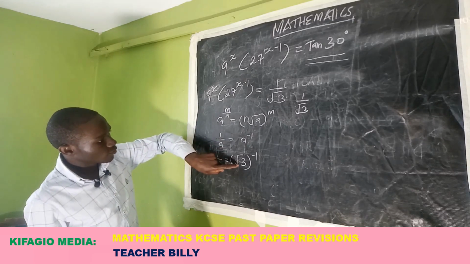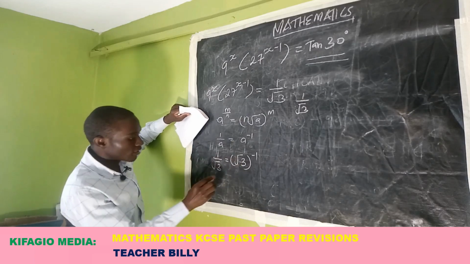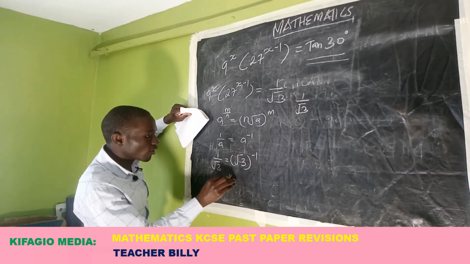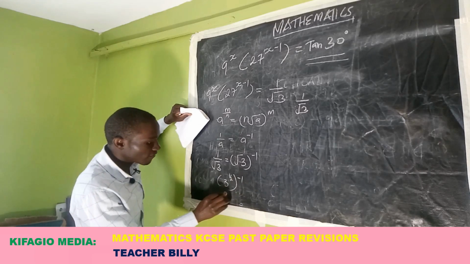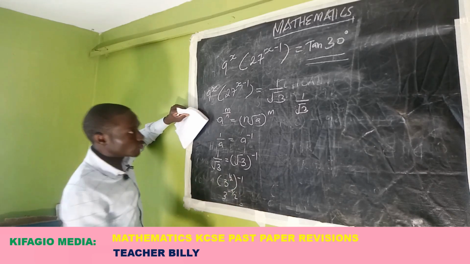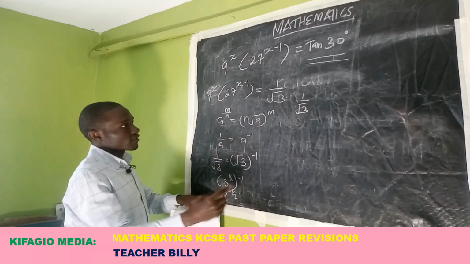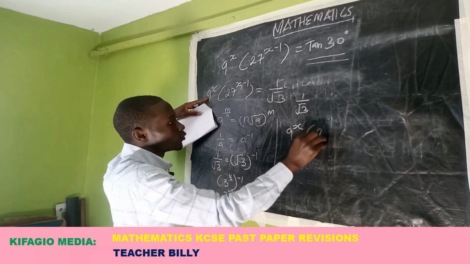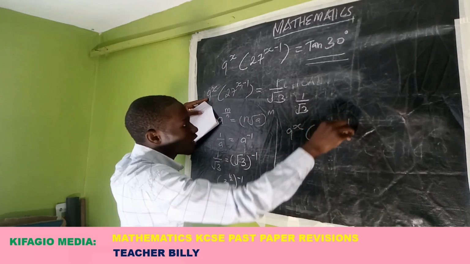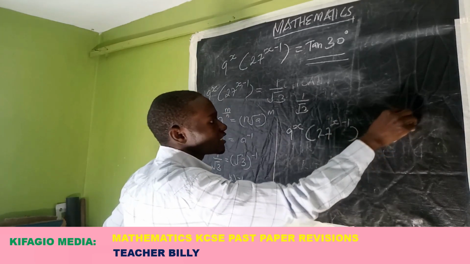Now, this root 3, using the fractional law, root 3 means 3 raised to power 1 over 2, then again raised to power negative 1. Now, if you open the brackets, we'll have 3 power negative 1 over 2. So, you can even simplify this further and just have this at once. So, continue. 9 power x into 27 power x minus 1 is equal to 3 power negative 1 over 2.